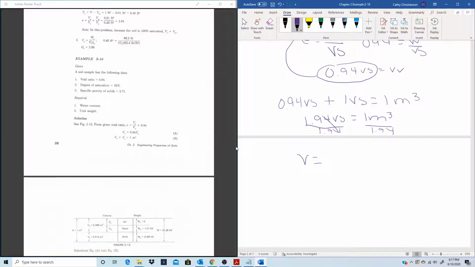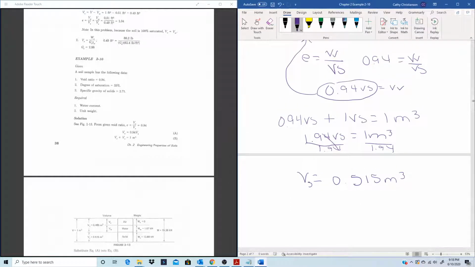So if I solve for VS, 1 divided by 1.94, that's going to give me 0.515 meter cubed. And they kept it out just like I did.